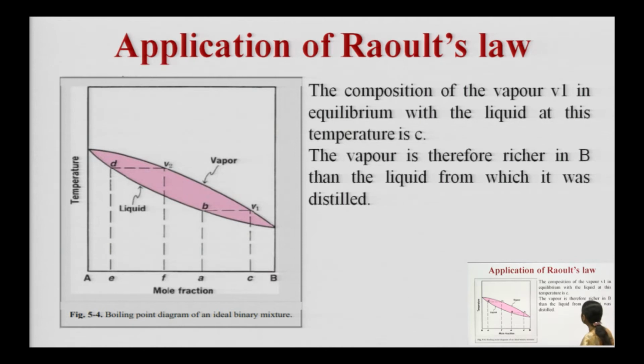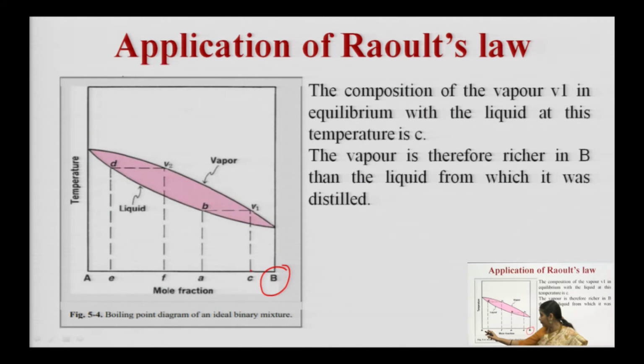Now, the composition of the vapor V1 is in equilibrium with the liquid at this temperature C. B is in equilibrium with the composition C, and you can see that as we move from A towards B, the mole fraction of B increases; here it is 1.